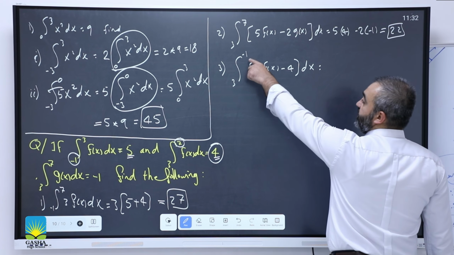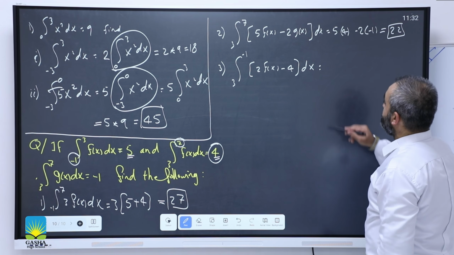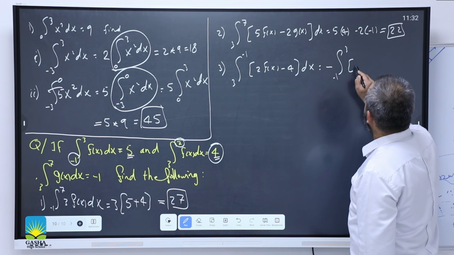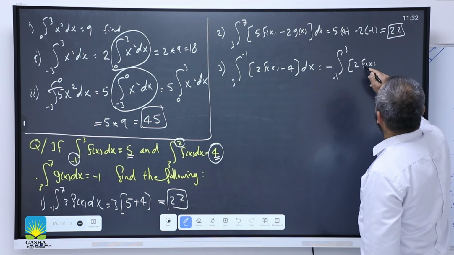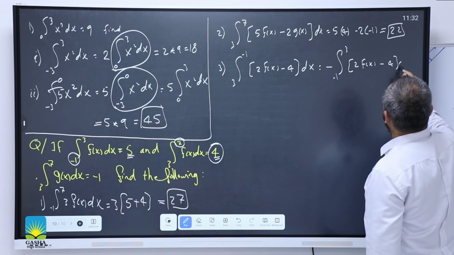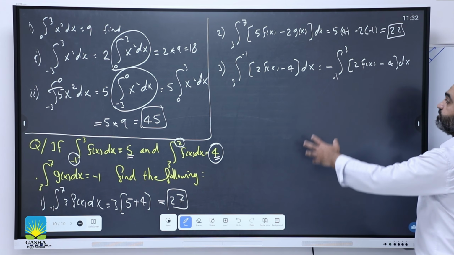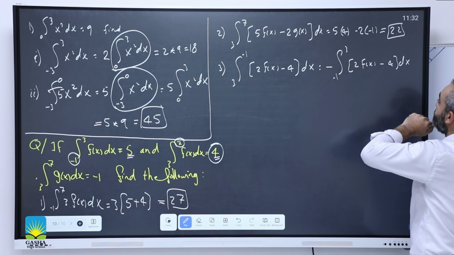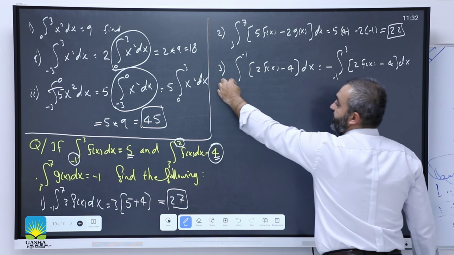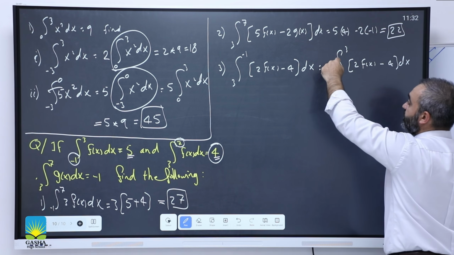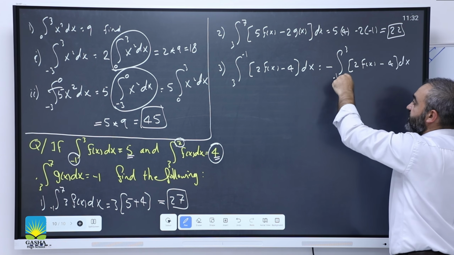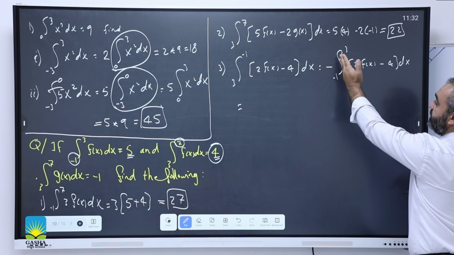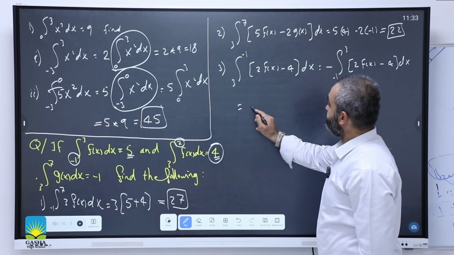So 3 to -1 equal to -1 to 3 of 2 f of x minus 4. We apply the property of 2, the second property. So 3 to -1 becomes -1 to 3. So the integral can be divided in all terms.